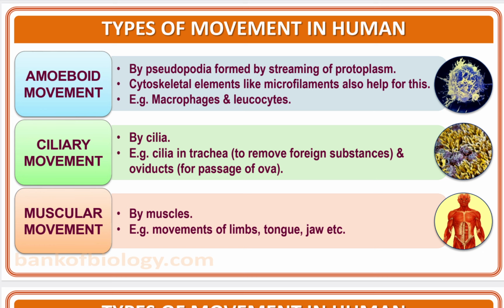This means the ova, when it comes out from the ovary, travels in the oviduct or fallopian tube, and cilia make the traveling of the ova smoother. Next, muscular movement by muscles. Example, movement of limbs, tongue and jaw, etc.